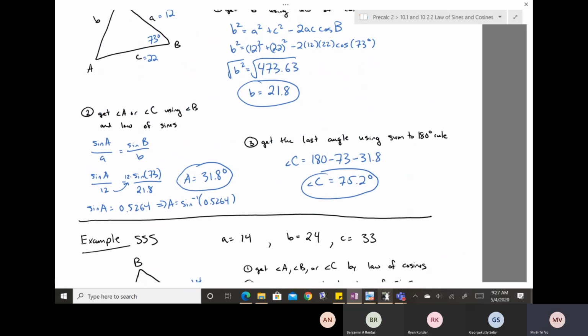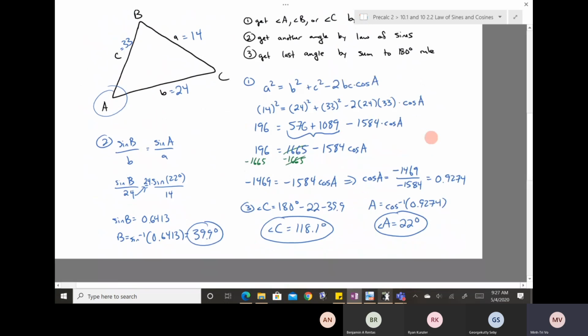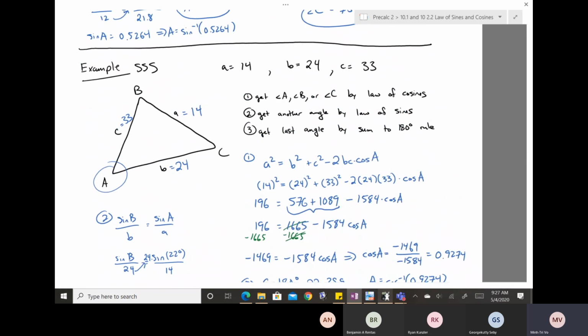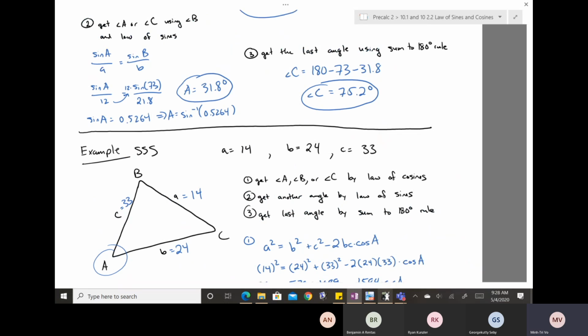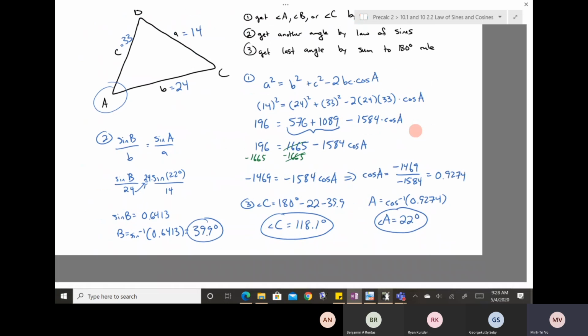I'm going to post the problem set for these two sections in a little bit in OpenMath, and I'm going to send out an announcement regarding that. So just be on the lookout for that. And if there are no other questions, I'm going to end the lecture here.